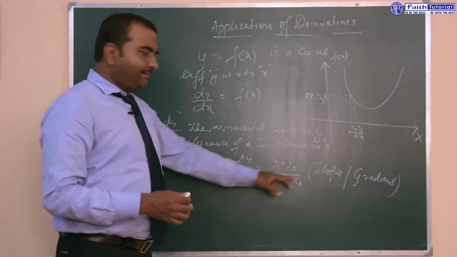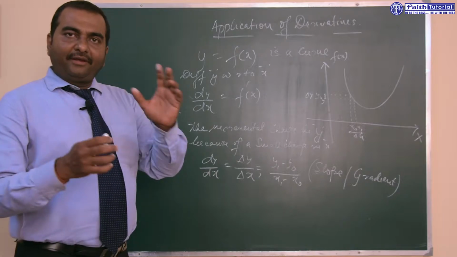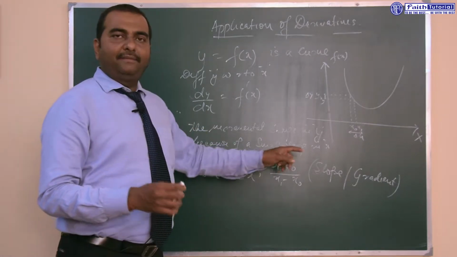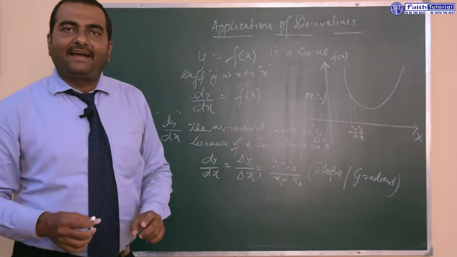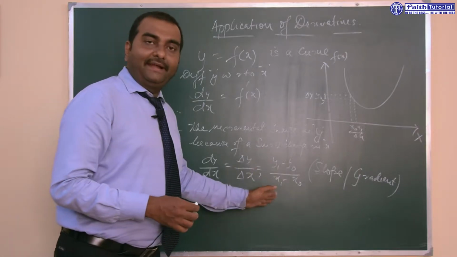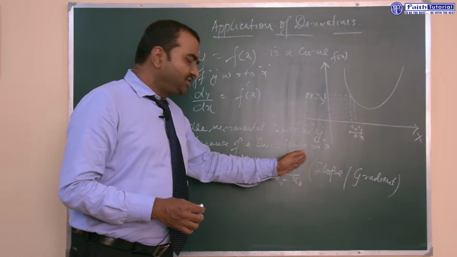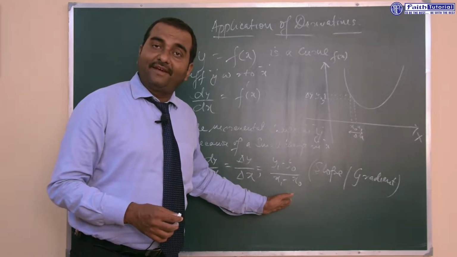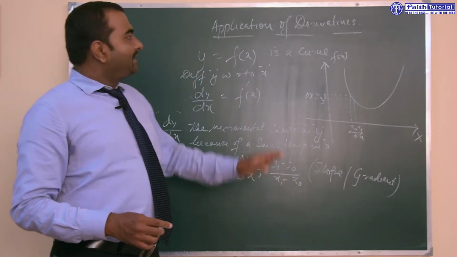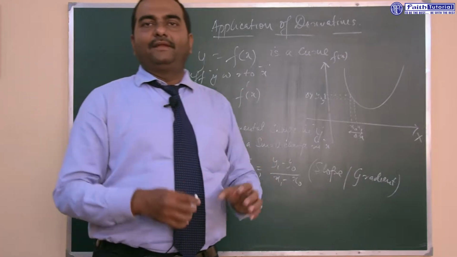Yes, that's what we have established from here. The incremental change in the value of y because of a very small change in the value of x, that's dy by dx, or it is nothing but delta y by delta x, or it is change in the value of y because of the change in the value of x. Yes, so that's the first application of derivatives we learned.